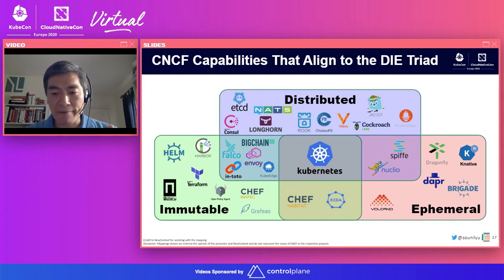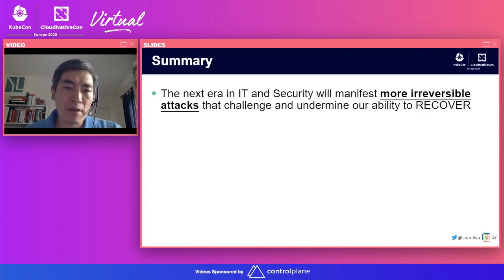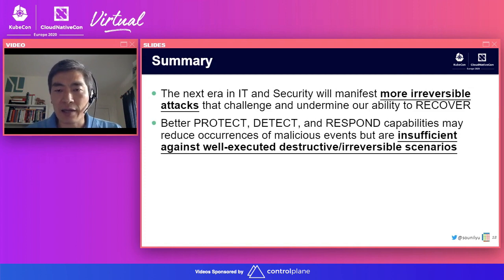We were wanting organizations to practice building systems to be more DIE-like and not CIA-like, but we need to, again, give them tools and resources to be able to do that. So to wrap up, when we look at the next era in security and IT, we're going to see a lot more irreversible attacks. They fundamentally will challenge our ability to recover. And as much as we like to throw more protect, detect, and respond at it, they're not going to be adequate against destructive scenarios, things that are irreversible.